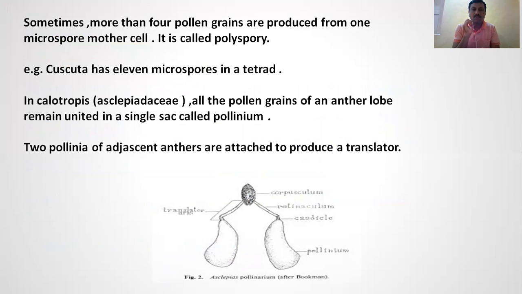Sometimes more than 4 pollen grains are produced from 1 microspore mother cell. This is called polyspory.